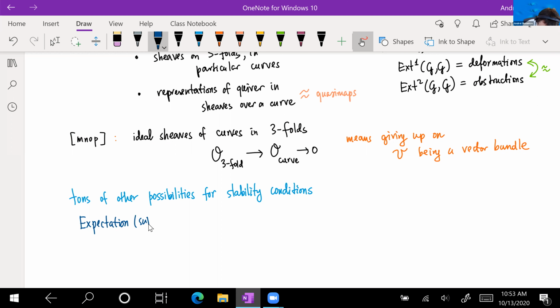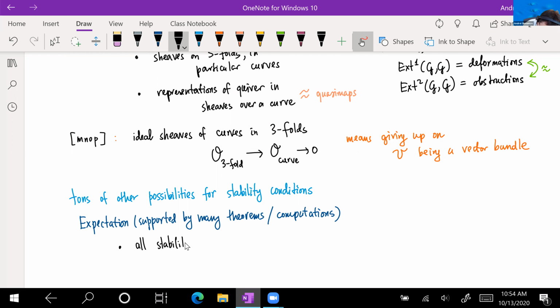An expectation supported by many computations and many theorems, that all stability conditions give equivalent counts.